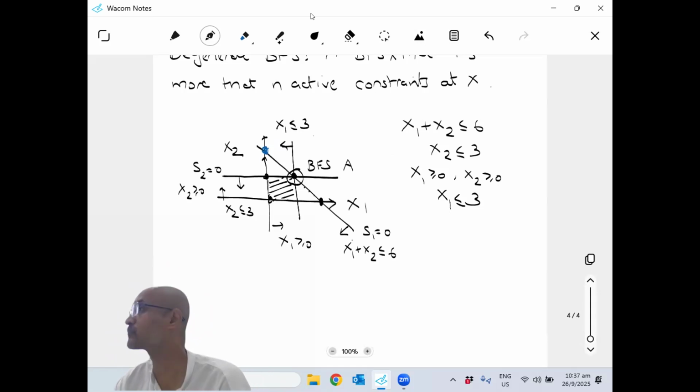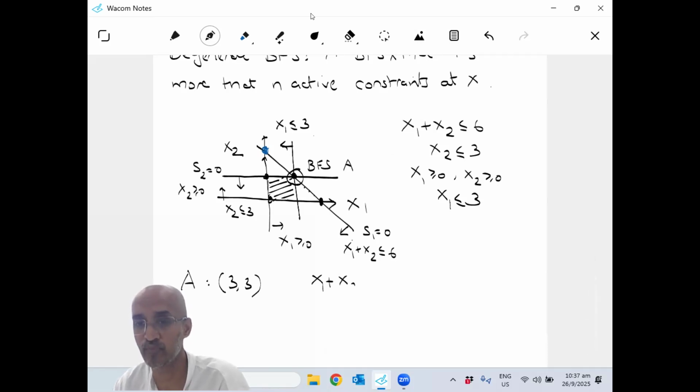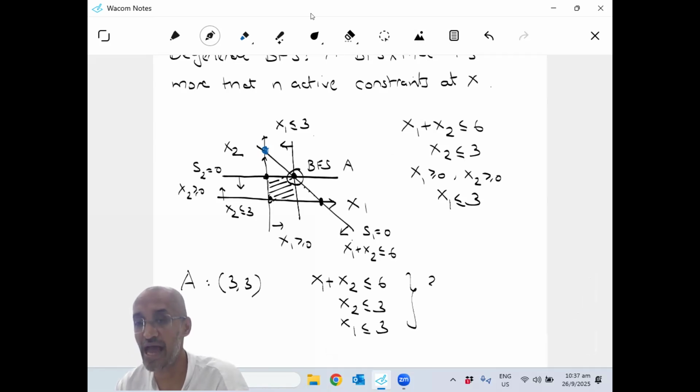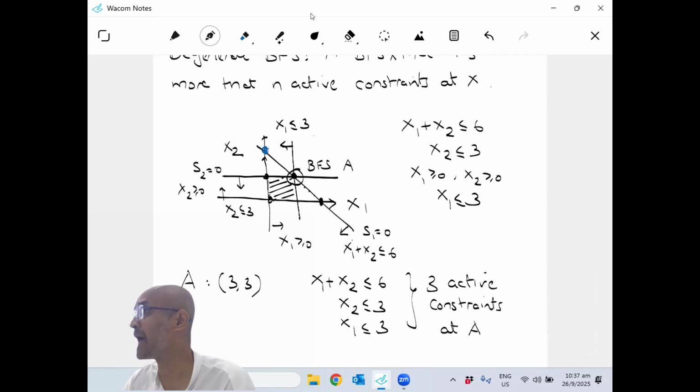How many constraints are active among these at this point A? What is the point A? It's 3 comma 3. At this point, X1 plus X2 less than or equal to 6 is active, because 3 plus 3 is equal to 6. X2 less than or equal to 3 is active. X1 less than or equal to 3 is active. So there are 3 active constraints at A from my feasible region. I'm in dimension 2.